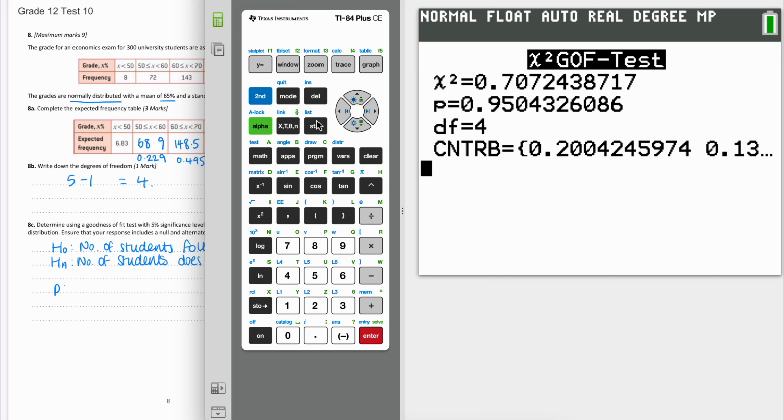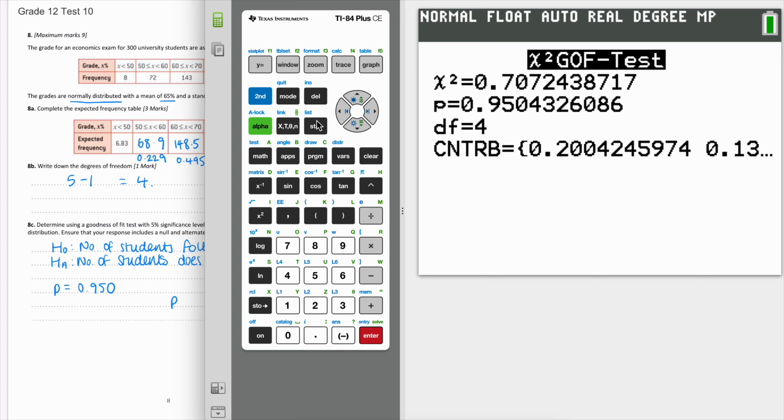So we can see there that the p-value is 0.950 to 3 significant figures. And we were told that we were conducting the test at a 5% significance level, which is significantly smaller.